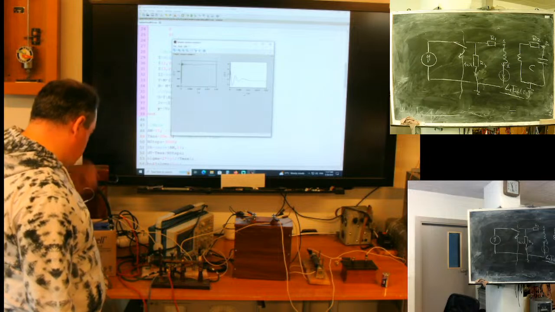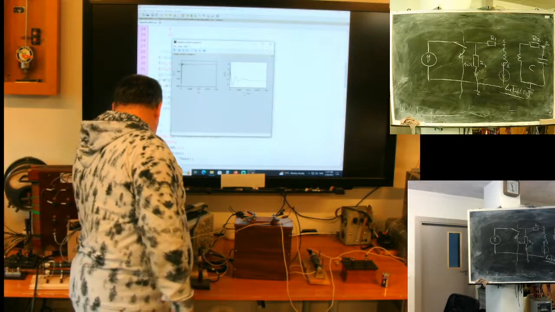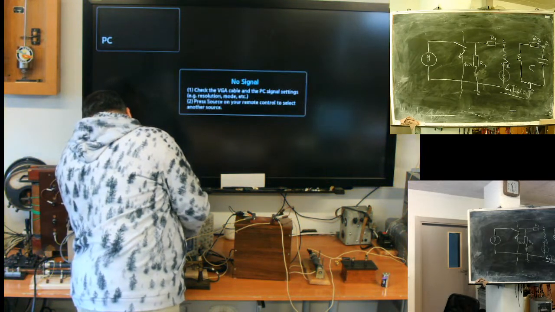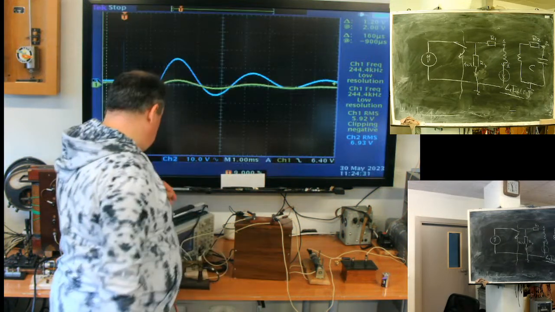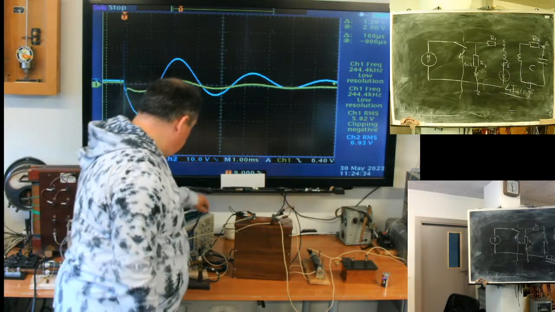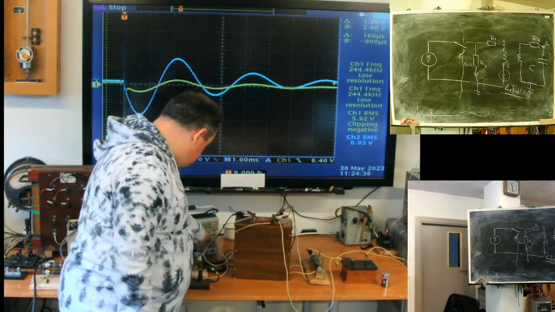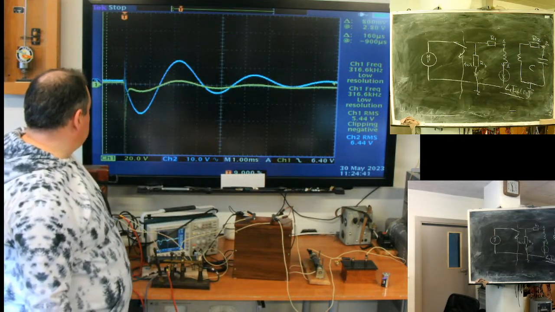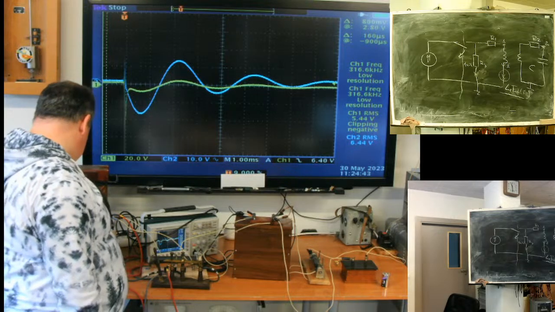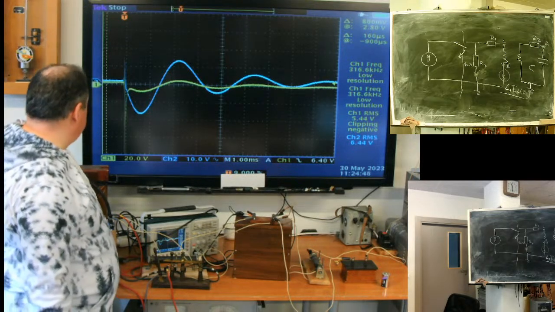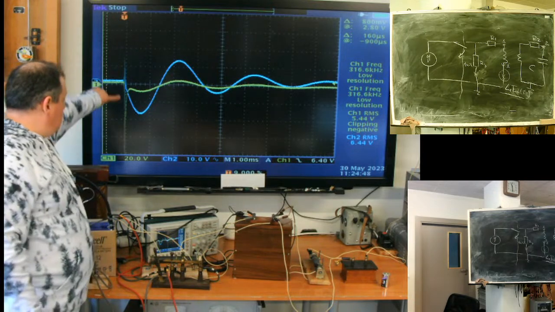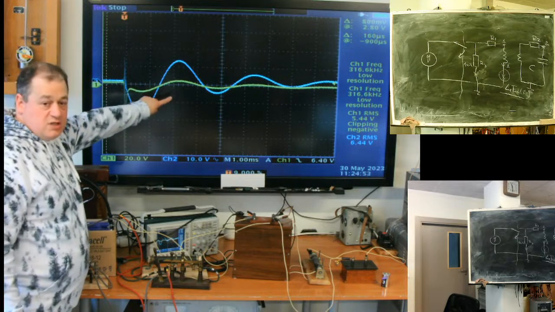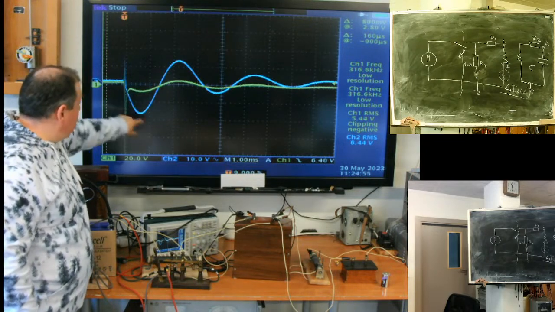Smaller resistance. Hey, come on. I tried not 1000, it's 500 ohms. Short spike. It oscillates, but it's different.